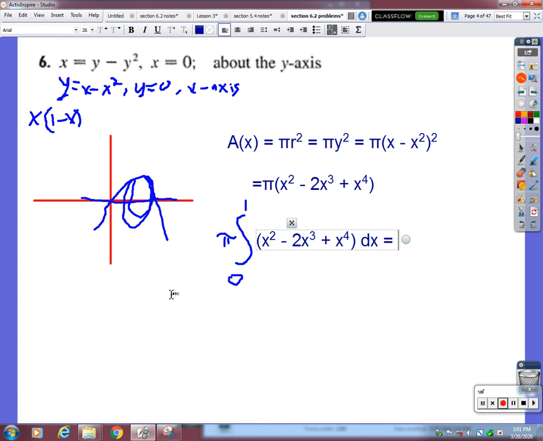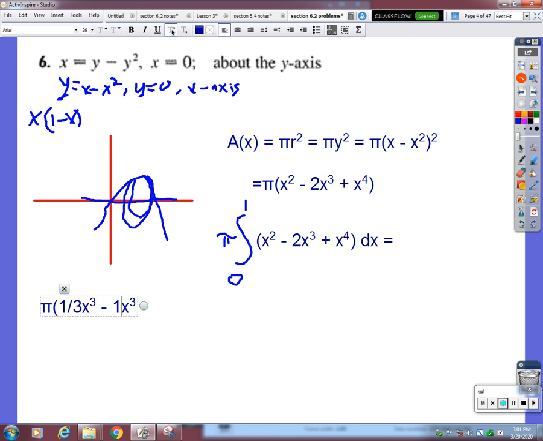So that equals, give myself lots of room here today, pi times the antiderivative of x squared is 1/3 x to the 3rd, minus the antiderivative of 2x cubed, which is conveniently just plain old x to the 3rd. Oh, no, it's not.